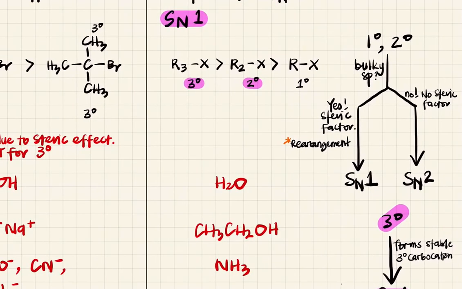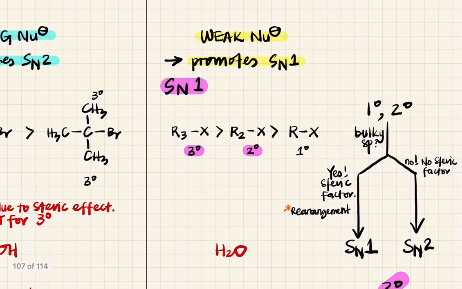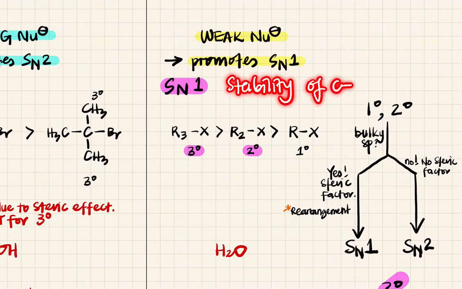Okay, alright. So for Sn1 mechanism, dia akan attack daripada front, kan? So tak ada masalah pasal steric factor tu. So kita akan tengok apa? Kita akan tengok stability of carbocation. So siapa carbocation paling stable?